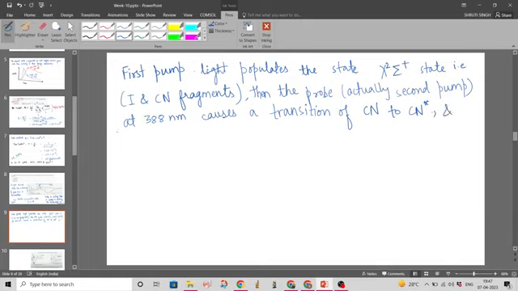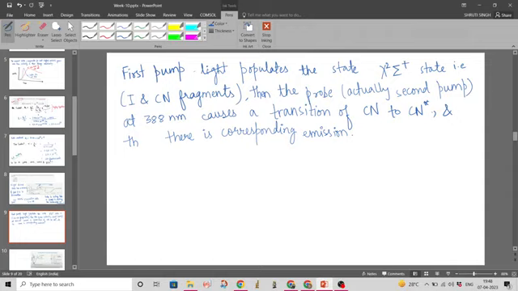and then there is corresponding emission from the CN star fragment. So for CN star, it is first getting formed from the CN. So first of all, the ICN has to break.